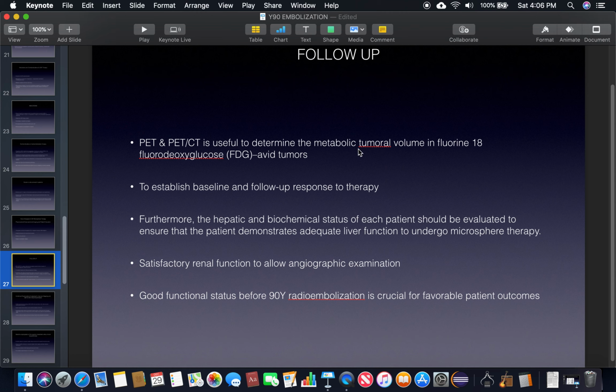It is to determine the metabolic tumoral volume in patients who have FDG-avid tumors and establish baseline and follow-up response to therapy. Of course, you need to ascertain what is the hepatic reserve, what is the biochemical status, is there a satisfactory renal function. These are all required to have a good outcome.